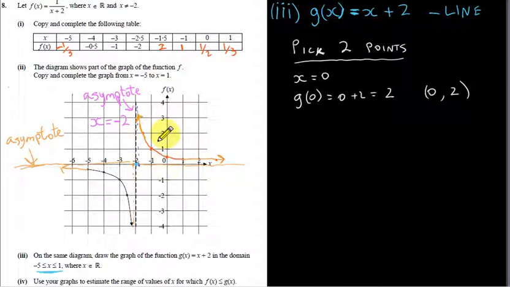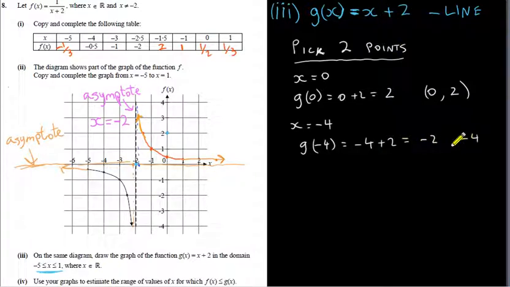So when x is 0, y is 2, or g of x, whatever function we're talking about, g of x here. Now we can pick any other value for x. We could let x equal 1, for example. Actually, I'm going to choose x equals -4. So we just plug -4 in here. We have -4 plus 2 is -2.